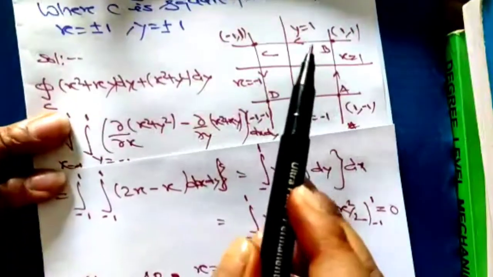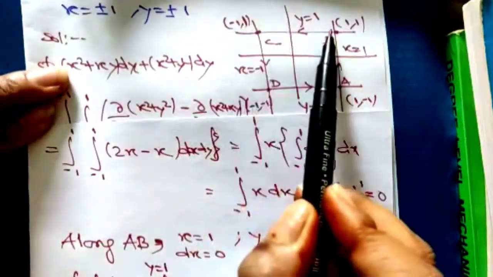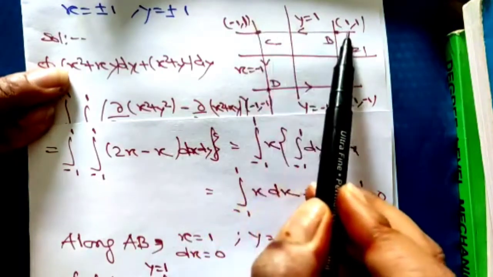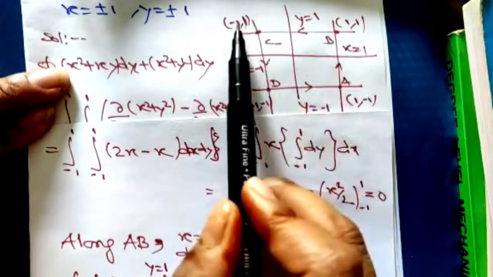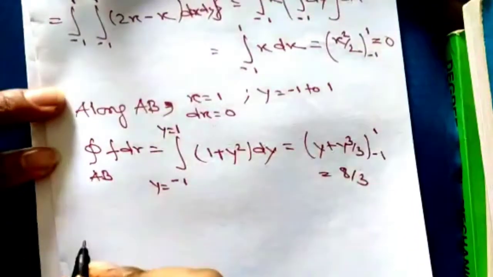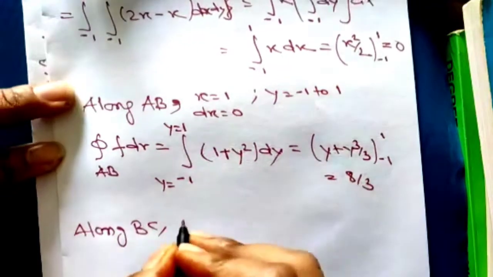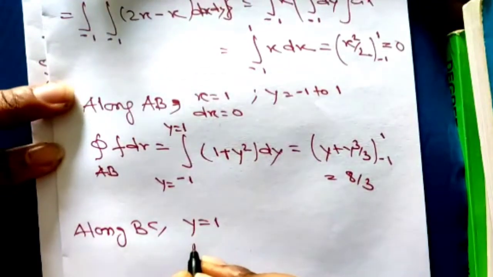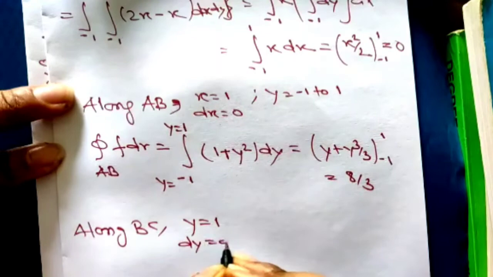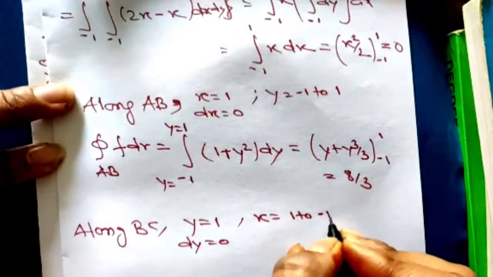Again we are going to solve in the anti-clockwise direction, along BC. Here the coordinate of x is changing from 1 to -1, and the coordinate of y is constant. Along BC, the coordinate of y is 1, so dy is 0, and x is changing from 1 to -1.